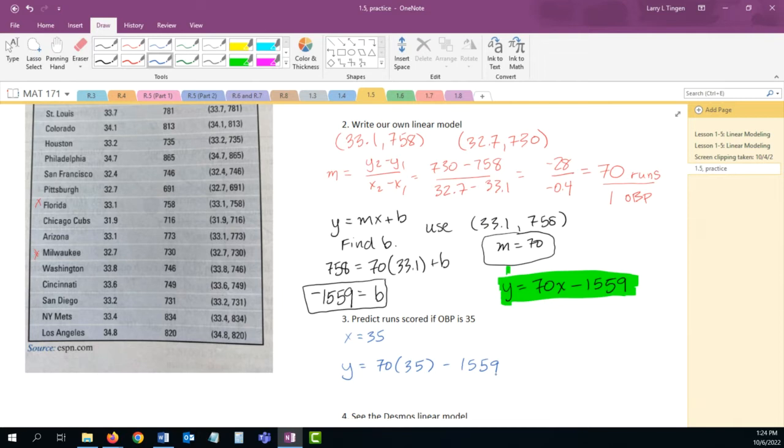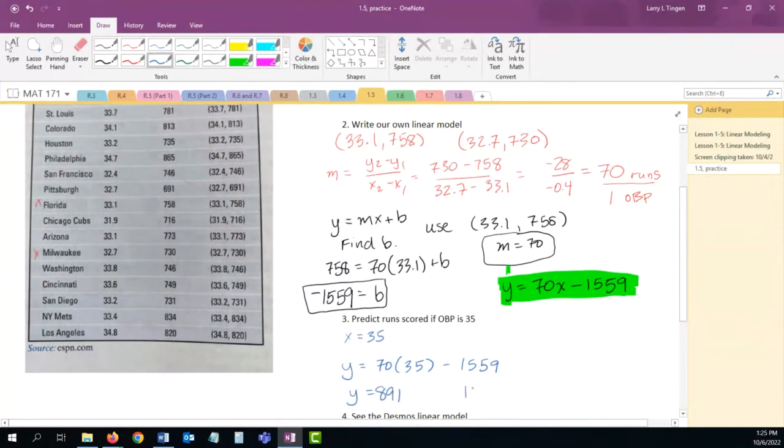Okay, 35, we don't have any values in the table that are all the way up to 35. I think we have 34.8. So we are expecting a number that's in or around the numbers in the table, but it's going to be better. 70 times 35 minus 1559 is 891.